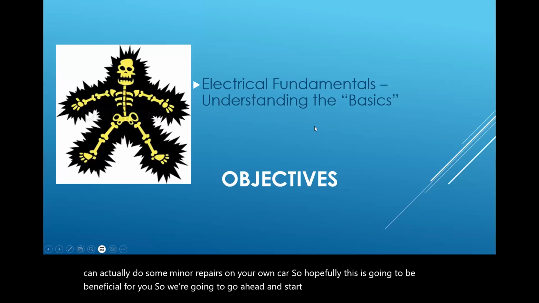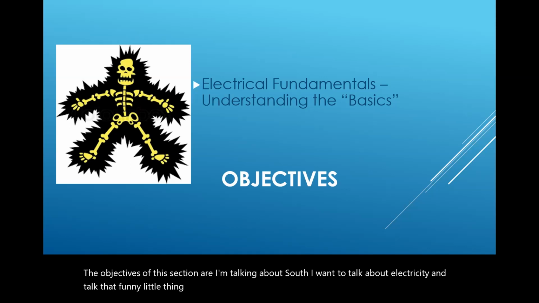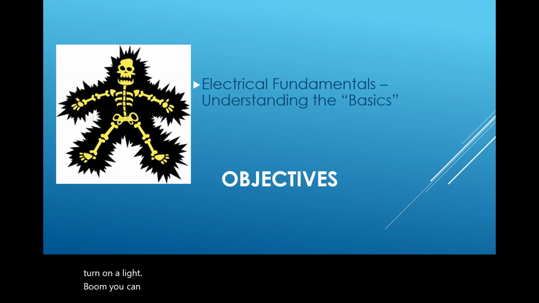And what I want to do is lay out the objectives of this section. So I want to talk about electricity, that funny little thing that you can't really see, but it's there, because if you turn on a light, boom, you can actually see it in action.